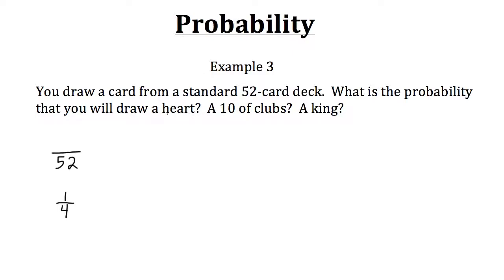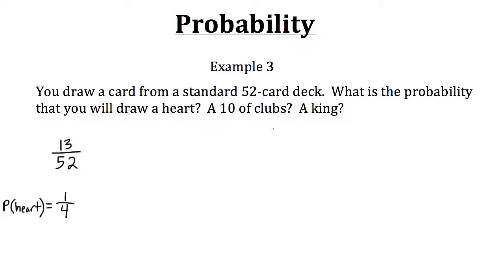Since a standard playing card deck has 2 through 10 plus an ace, and also 3 face cards, that will give us a total of 13 hearts. Now, if we reduce this fraction, it also gives us 1/4 as our probability. And again, you can express this as a decimal or percent if you wish. So that's the probability of drawing a heart.